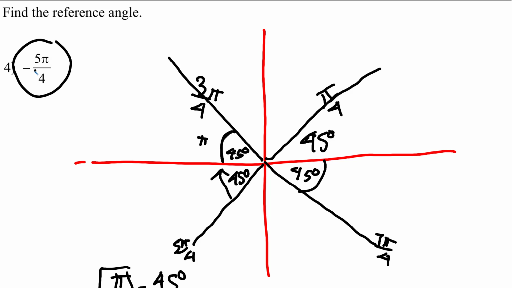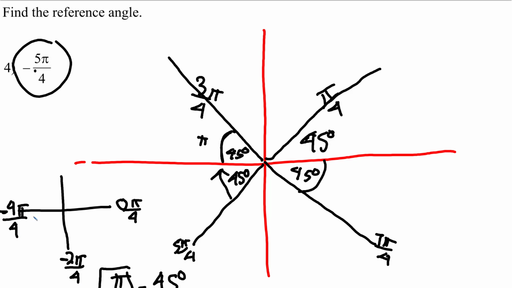But let's go ahead and find it, because let's say on a test I said draw the angle first. Well, remember, if this is 0 pi fourths, and this is negative pi halves, or negative 2 pi fourths, and this is negative pi, or negative 4 pi fourths, look at this. This will be negative 5 pi fourths.